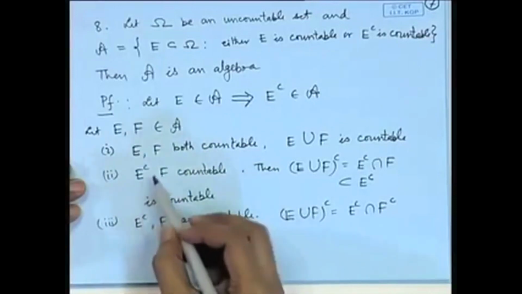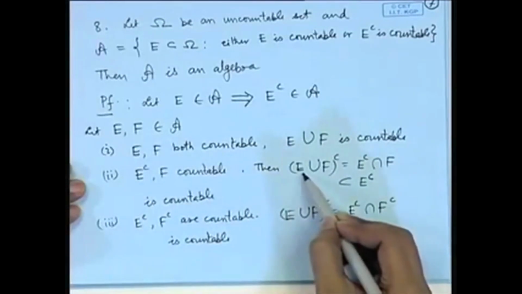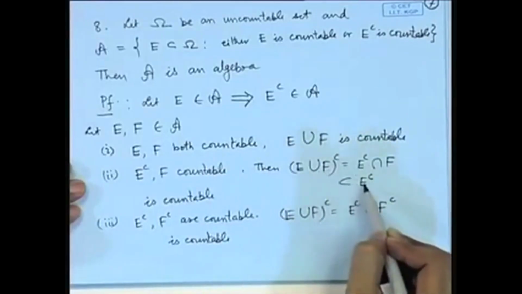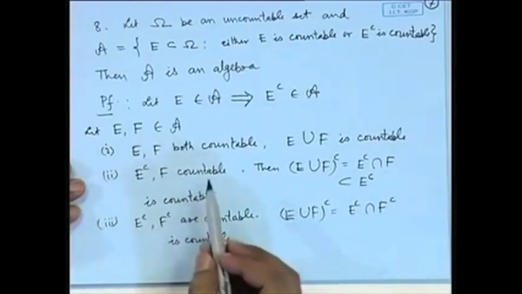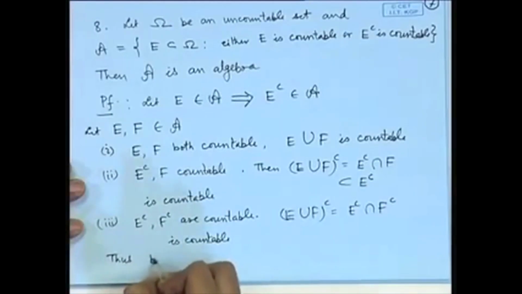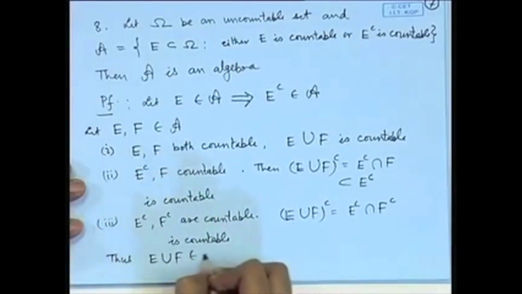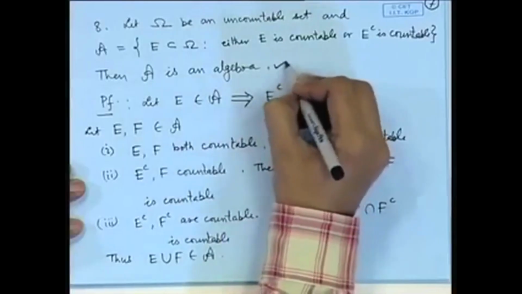The case where E and F complement are countable is similar to this, because in that case E union F complement will become a subset of F complement. So, in all the cases E union F will belong to A. So, A is an algebra.